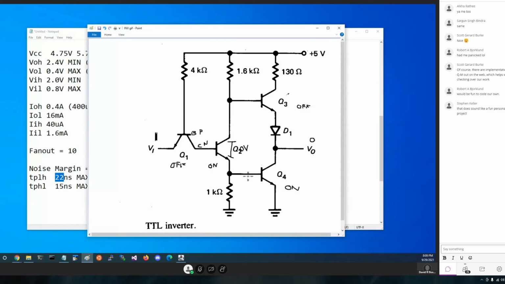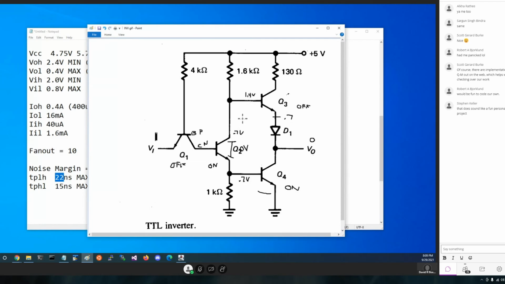In order for this to be on, this has to be 0.7 volts right here. Right, because we need to have base emitter of 0.7 volts. So this guy is still about 0.7 volts by the time we get here. However, with this 0.7 volts we have a transistor here with a resistor that's got to have enough so that the point right here is 0.7, and this is 0.7 higher, or 1.4 volts.